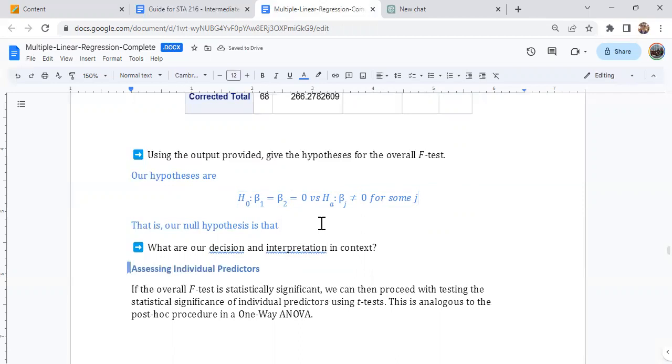And then we want to give what these mean in context. This is important.